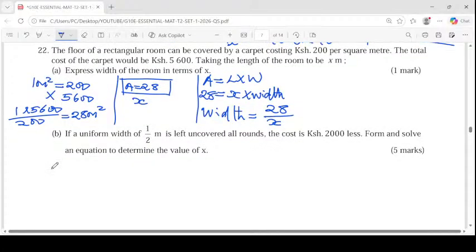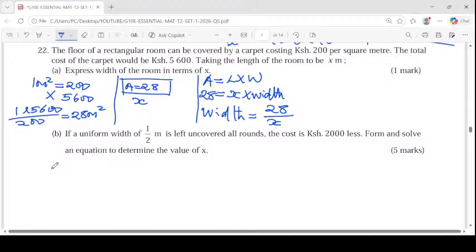Part B, if a uniform width of 1/2 meters is left uncovered all round, the cost is 2,000 shillings less. Form and solve an equation to determine the value of x.